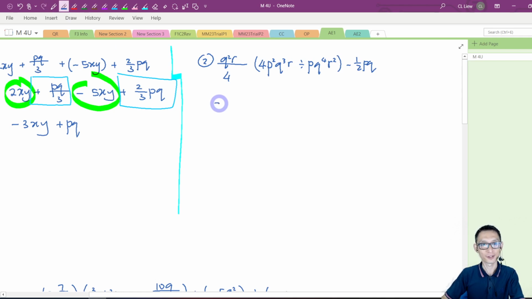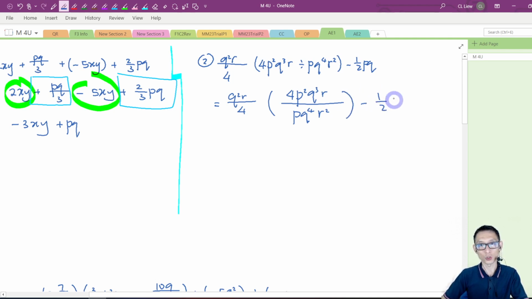Okay, so same thing, I'm going to change this one into a fraction. 4p squared q power 3 r. Okay, so this is p q power 4 r power 2 minus 1 over 2 pq.